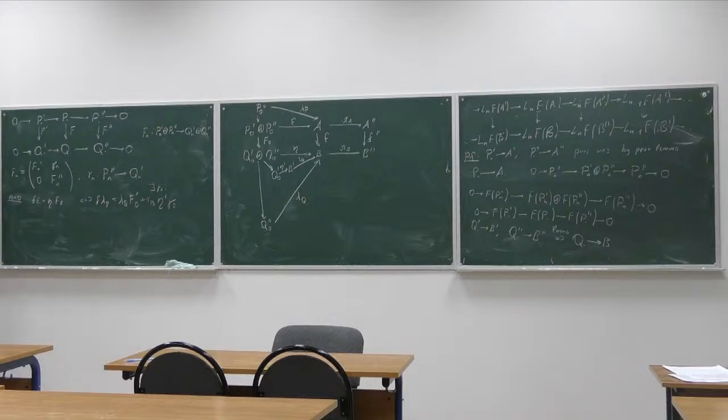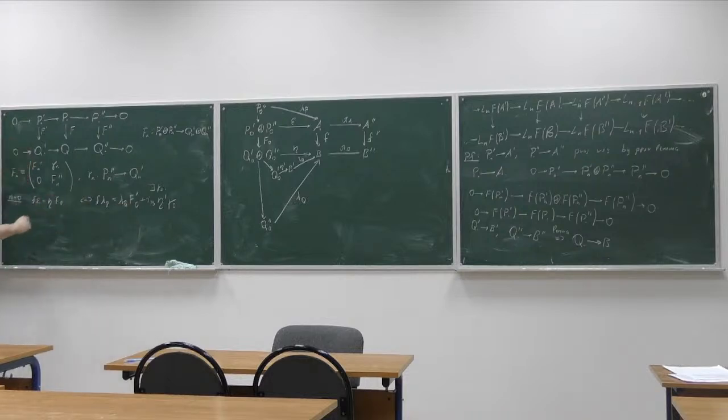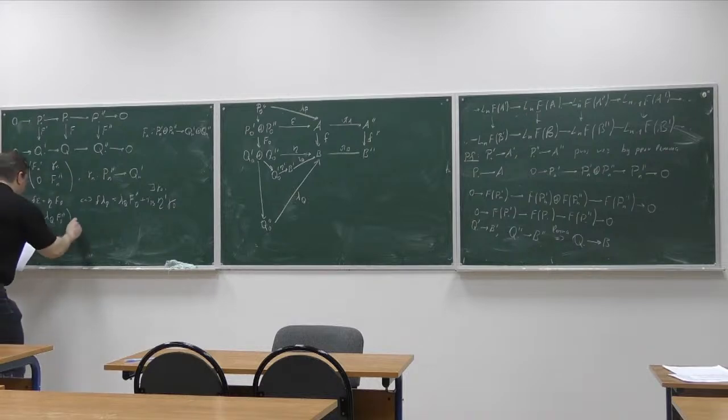Well, I do the following. I consider a map, so I move this lambda q f0 double prime from the right to the left. So I consider the map f lambda p minus lambda q f0 double prime, and take composition with the map pi sub b. So let me just open the parentheses.